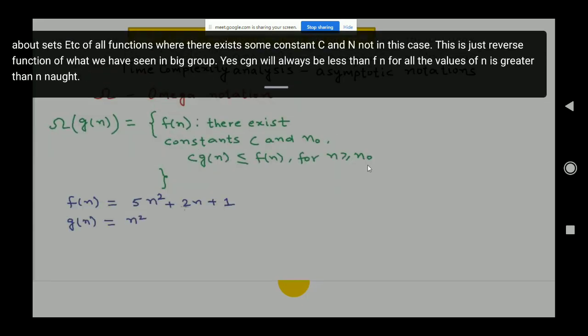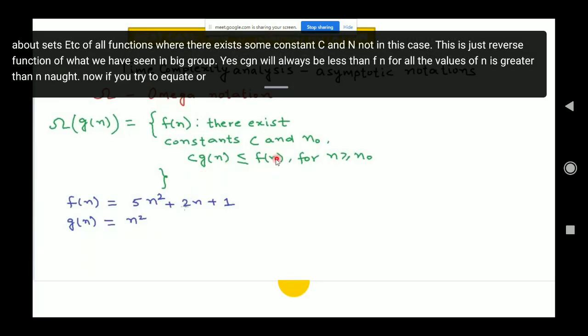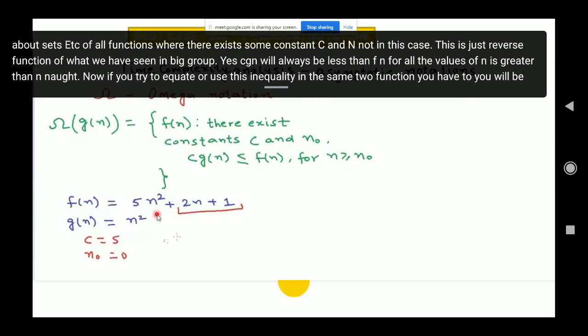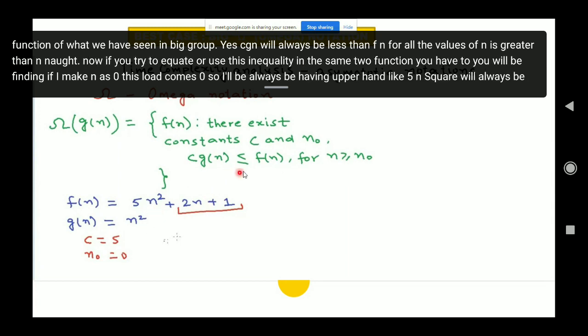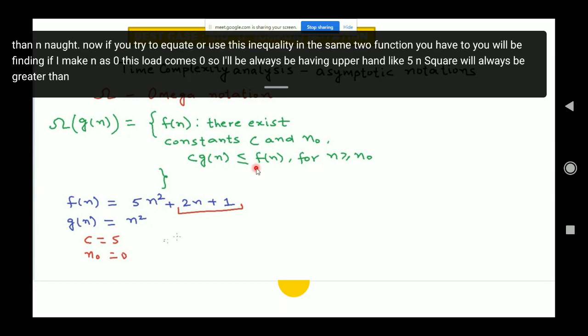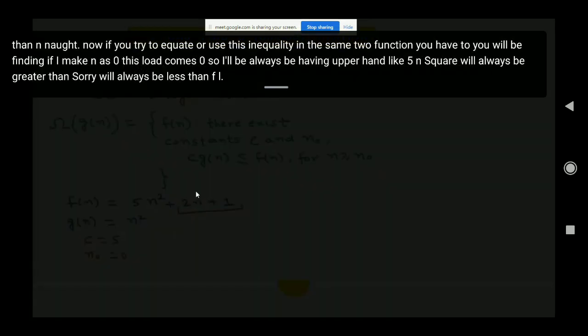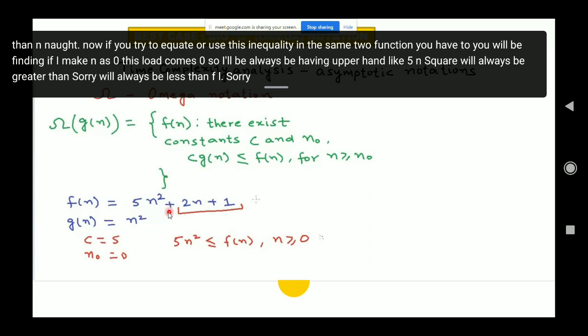Now if you try to use this inequality on the same two functions, you will find that if I make n as 0, the lower terms become 0, so I'll always have the upper hand. 5n square will always be less than or equal to f(n).